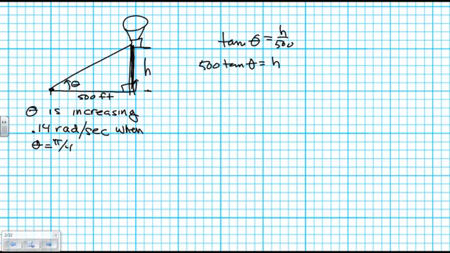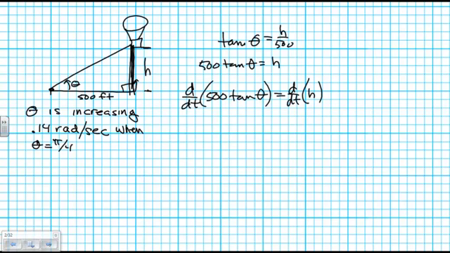Step 2, take the derivative of it, typically with respect to time. What happens when we take the derivative with respect to time of 500 tan theta and the derivative with respect to time of h?